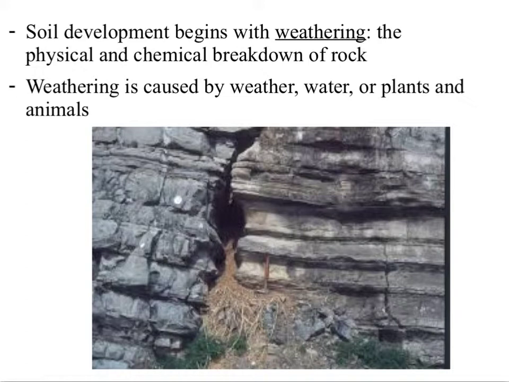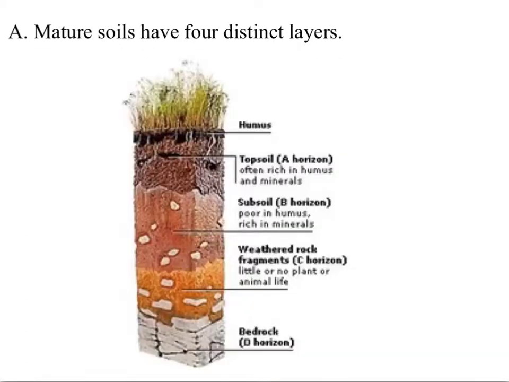If you wade in a river, you notice that there are lots of small pebbles usually on the bottom. Well, it's because the water knocks parts of big rocks off. Or plants and animals, like as you can see right here, it looks like some roots are helping to turn this big rock over here into small little pieces of soil.